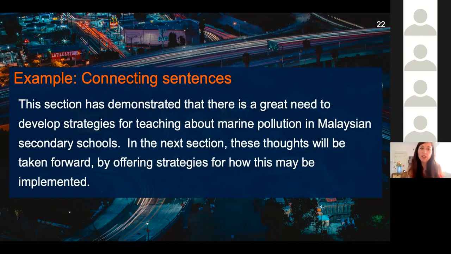So connecting sentences, as I mentioned, are important to ensure you have a good flow in your thesis, and that you're both summarizing effectively and looking forward, signposting to what you're going to be doing next. If you can use tools like that in your writing as you go along, then it's really helpful for the reader, essentially, as you're going through.